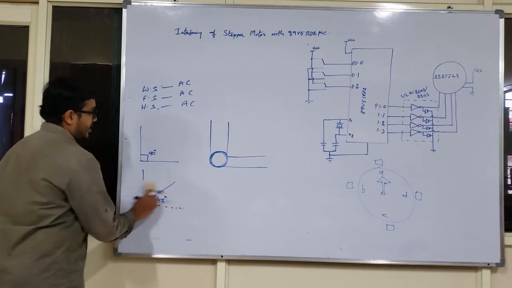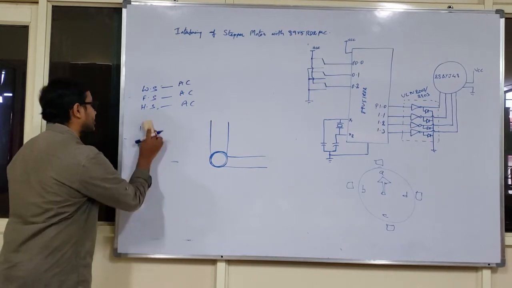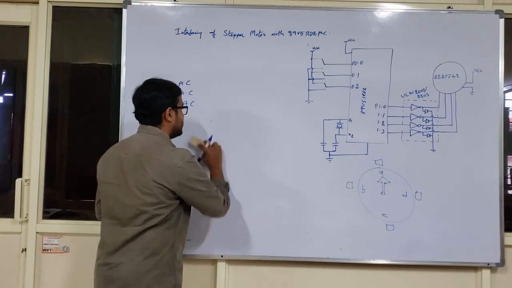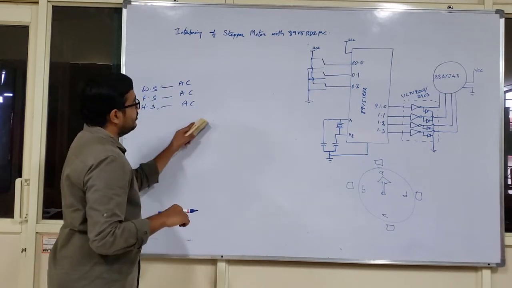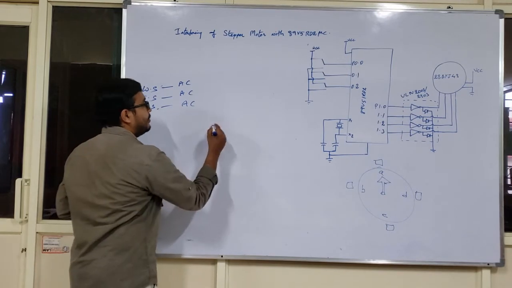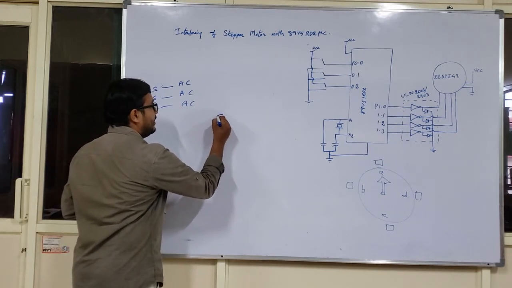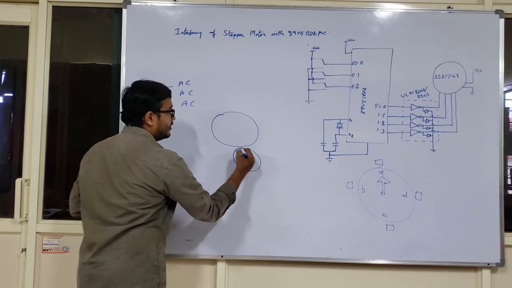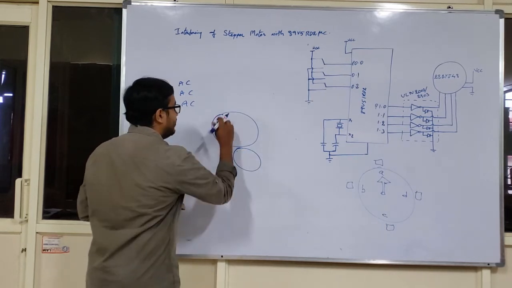So how to implement this concept by using the programming that we discussed now. A stepper motor has a larger gear and a smaller gear. I am talking about its internal architecture.